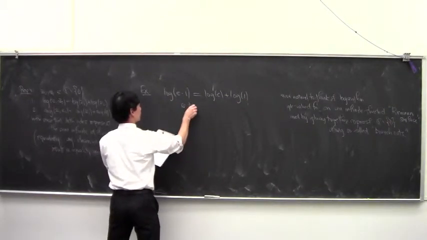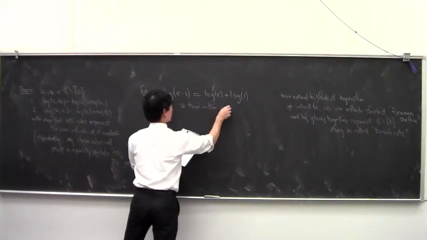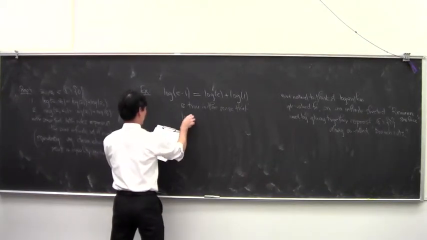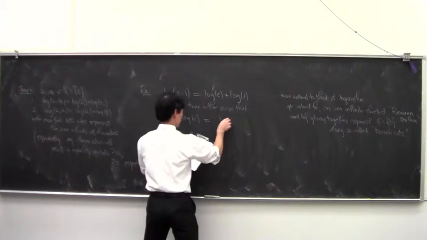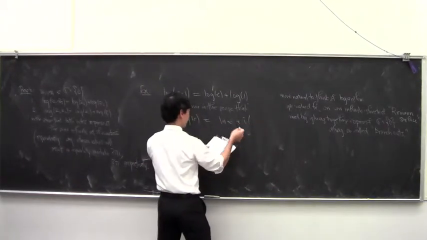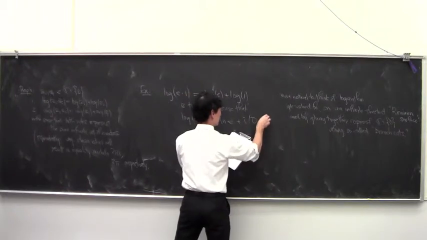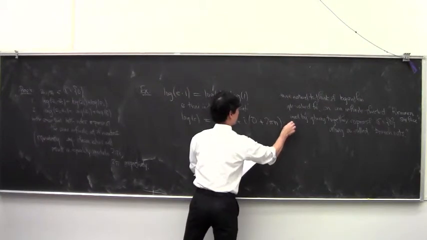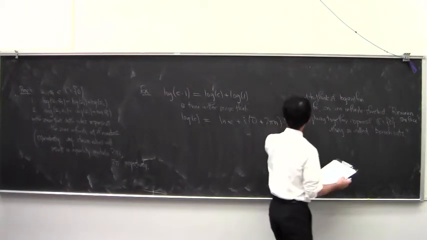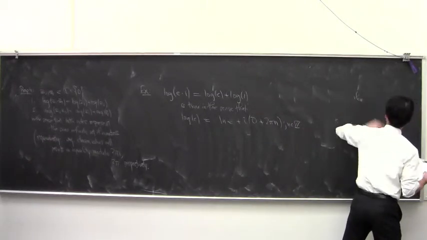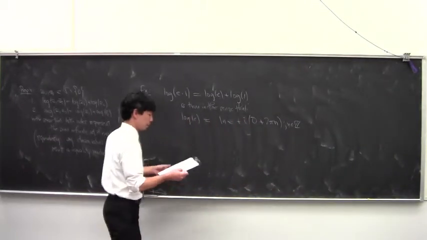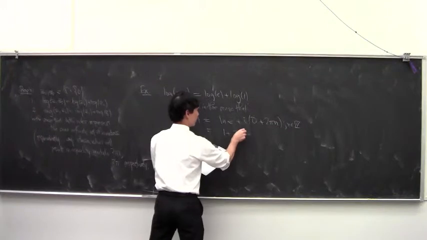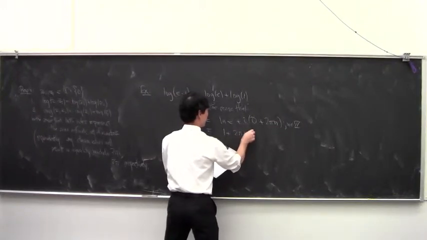This is true in the sense that log e is natural log e plus i times the principal argument plus 2 pi n, for n an integer. That's to say 1 plus 2 pi ni.